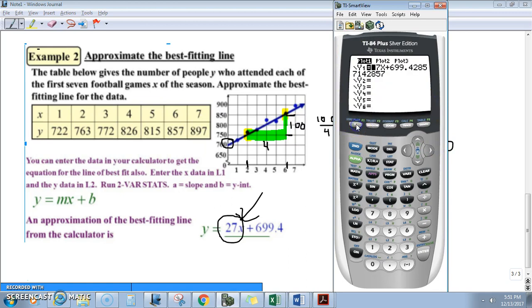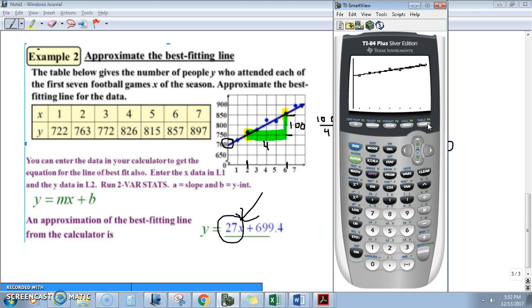Let's see if it put it in the y equals like I asked, and it did. See how it automatically populated my y equals. And actually, you guys, let's put the one I came up with on the graph. Let's do 25x plus 700 instead and see the differences between these two. I'm sure the calculator will look better. It's going to graph the calculator one first and then mine. So there's the calculator straight line.